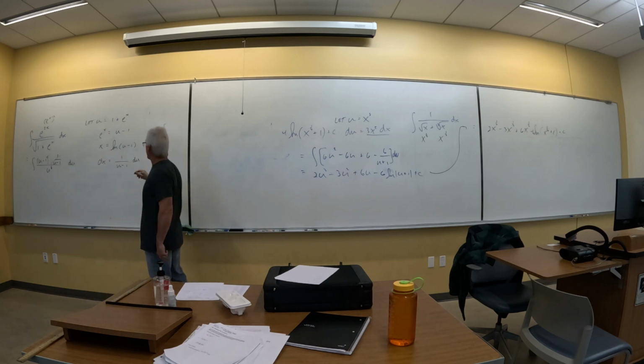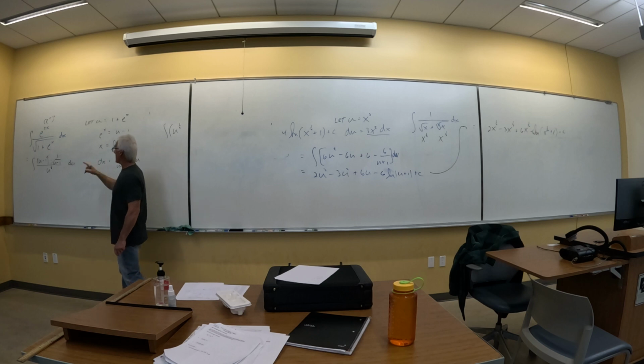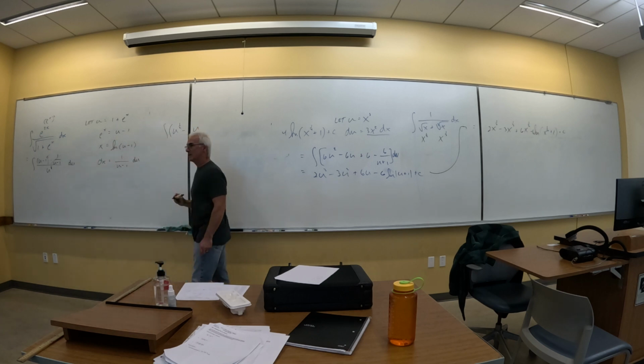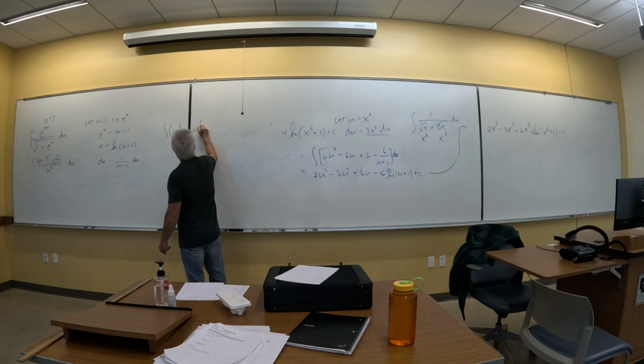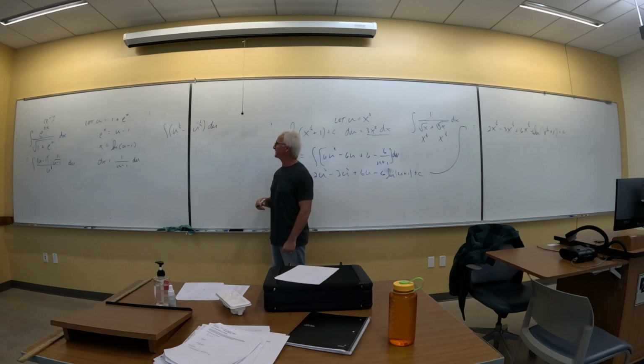So u over u to the 1/2 is u to the 1/2, minus 1 over u to the 1/2, which is 1 over u to the 1/2. U to the negative 1/2. How about negative 1? Boy, we are really not on our game today. Yeah, that's not the part we should be challenged by.